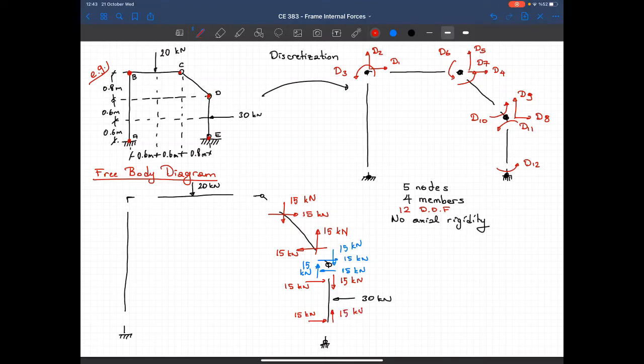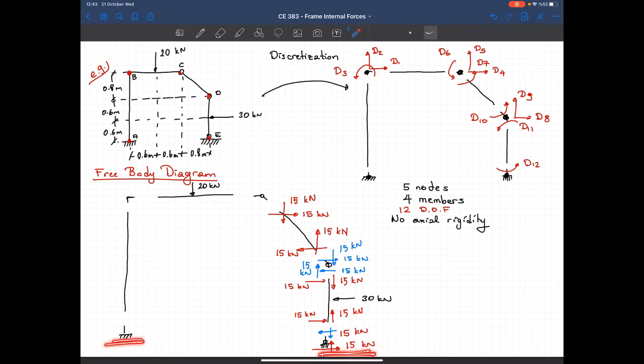Now transfer these forces to the support. Same force in the opposite direction, same force in the opposite direction. And I find out the support reactions at node E. The horizontal support reaction is 15 kilonewton and the vertical support reaction is 15 kilonewton. So these are the support reactions at point E.